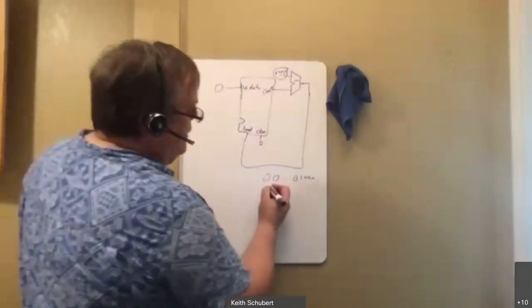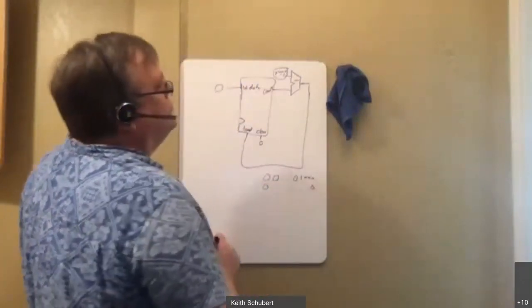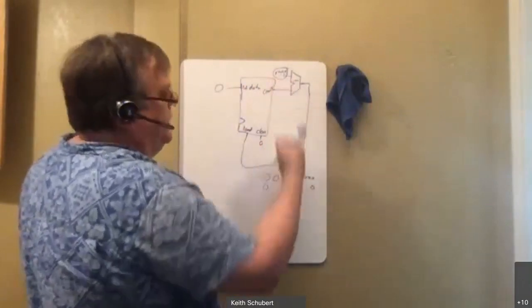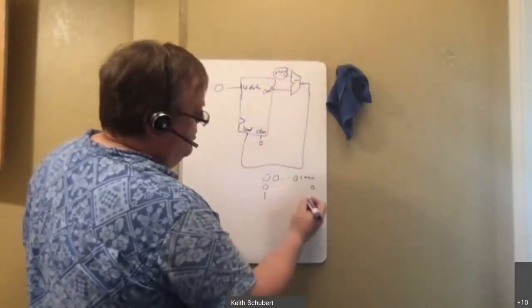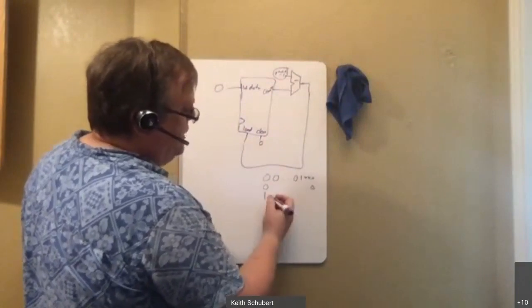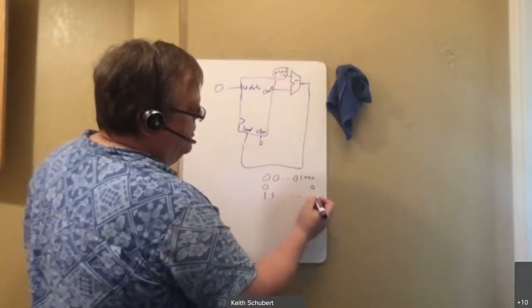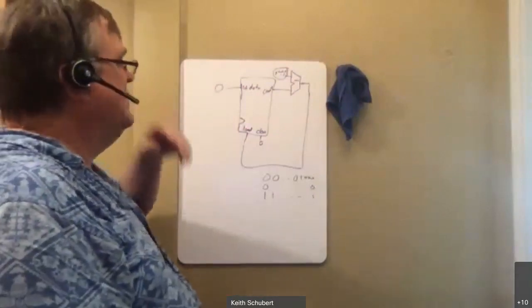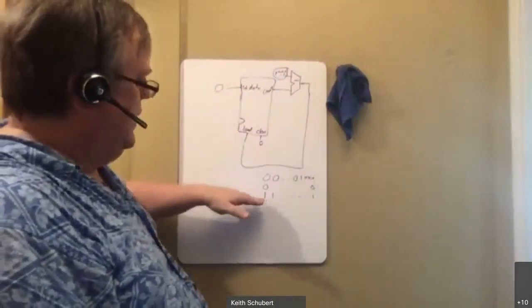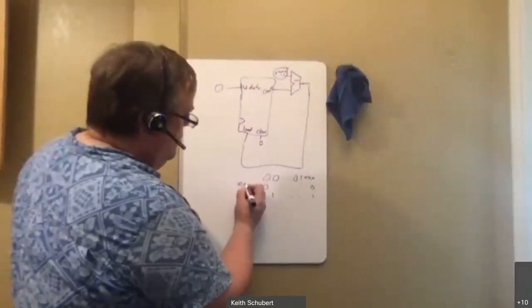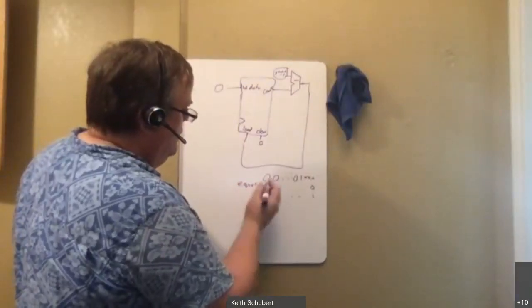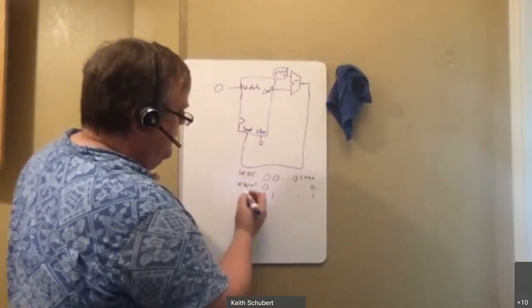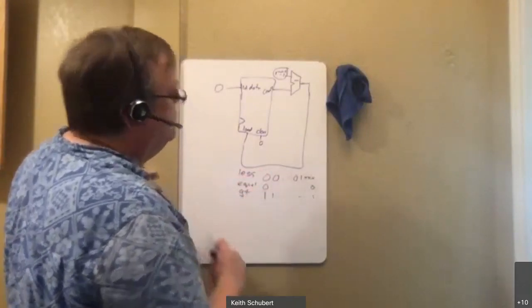When they're exactly equal, they're all zeros. And when this one becomes bigger, then all of a sudden it becomes negative, which will have a whole bunch of ones. So this is when they're equal, and this is less, and this is greater than.